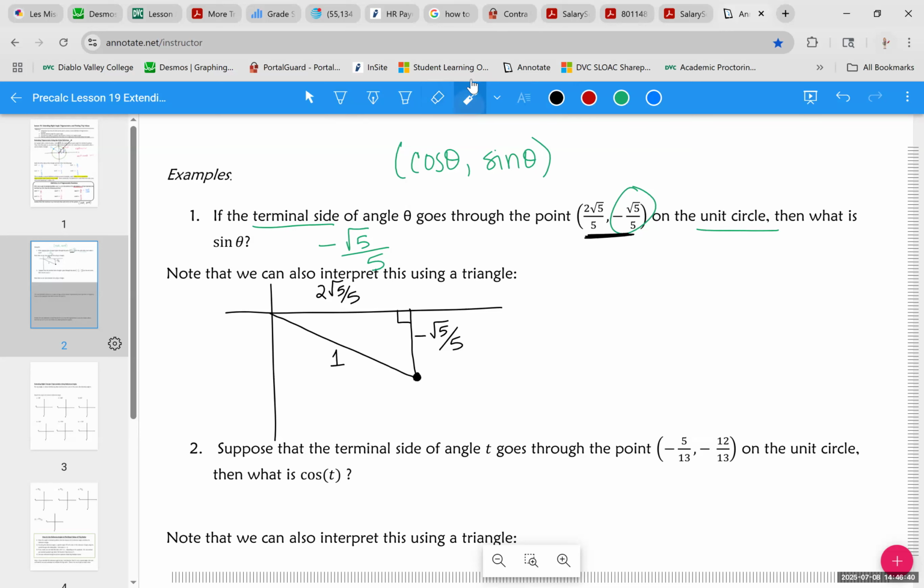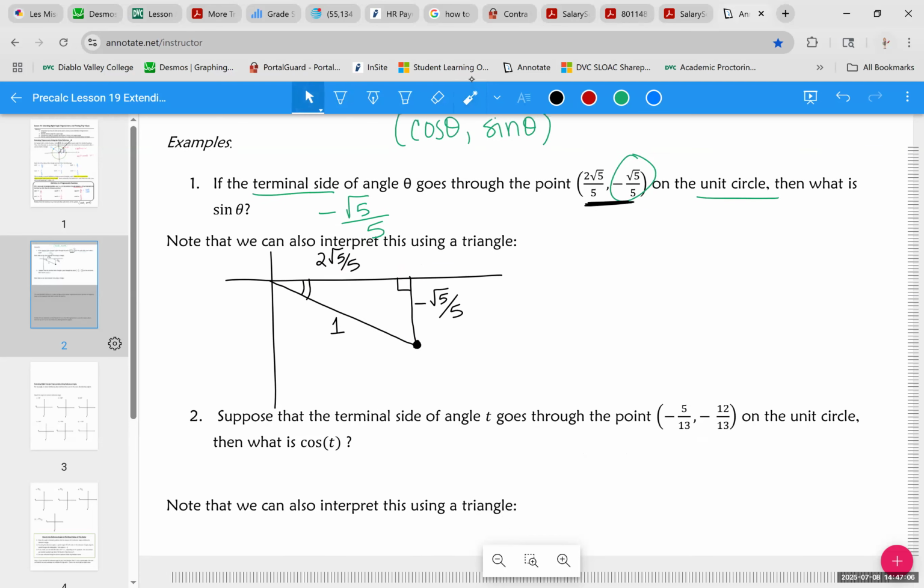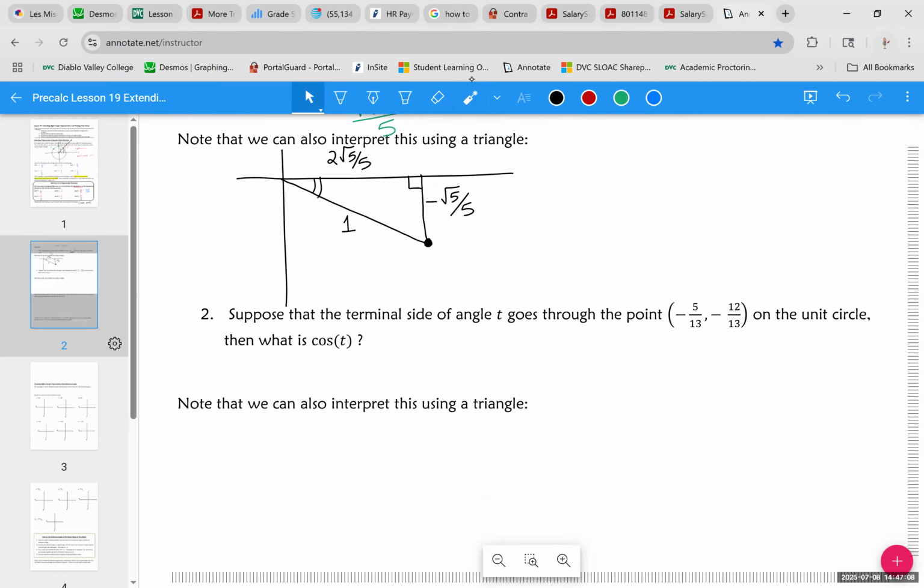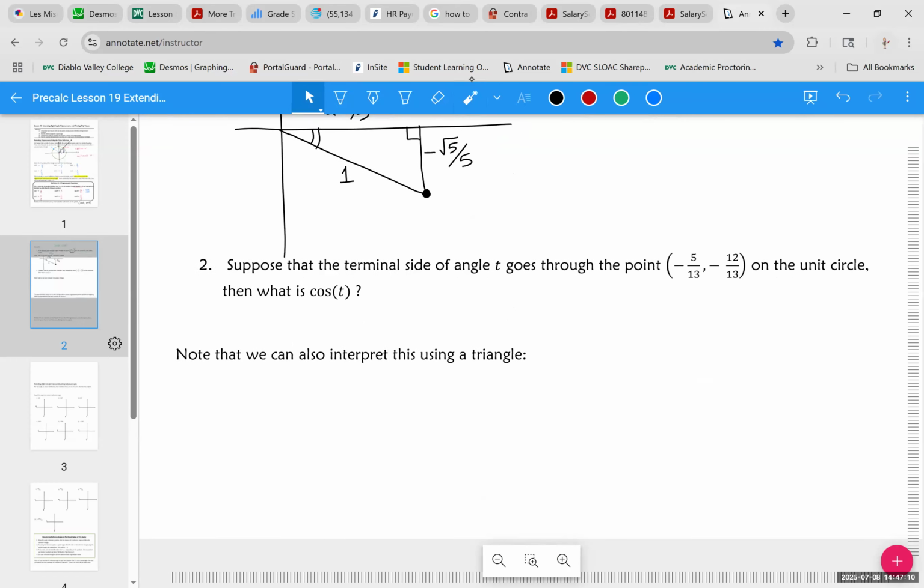Okay. And so now if I was looking at this as my angle, I can do a cosine, a sine, a tangent, etc. So you don't have to draw the triangle every time, but I just wanted to point out that when you have that point, it does still give you the opportunity to create a triangle so that it lines up with our intuition of what we've already done with triangles.